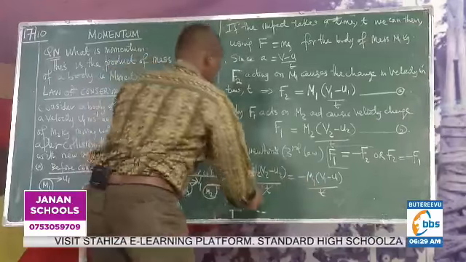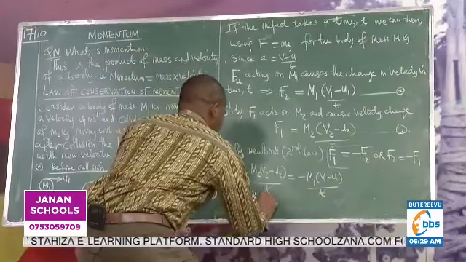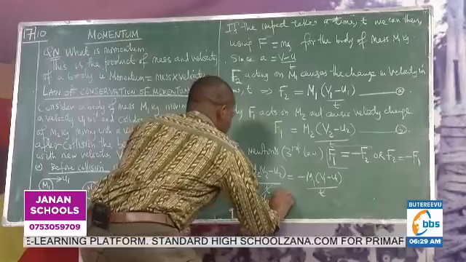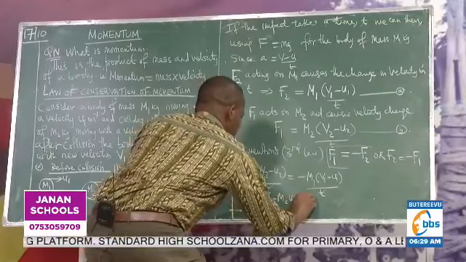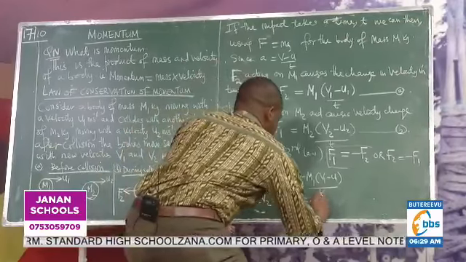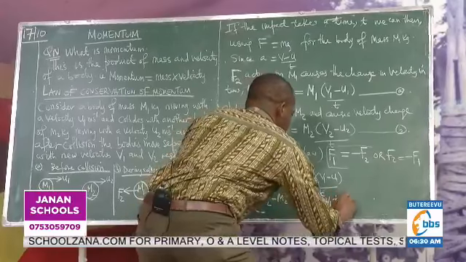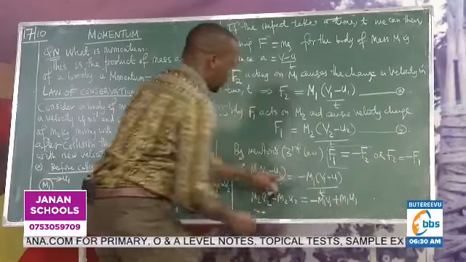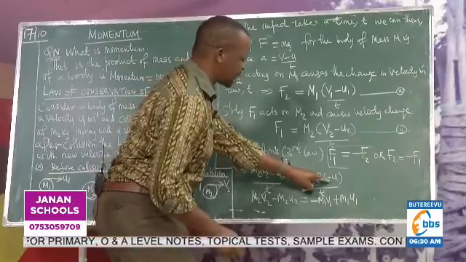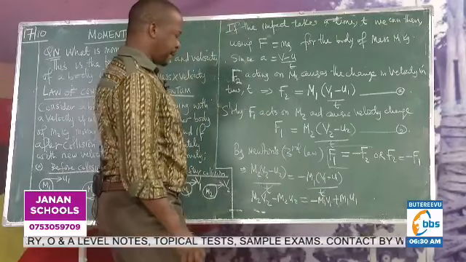And if we rearrange, we shall have M2 V2 minus M2 U2 being equal to negative M1 V1 plus M1 U1. This negative times the negative will give me a positive there.